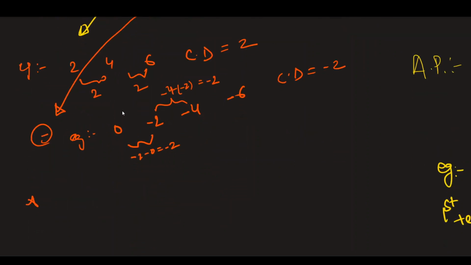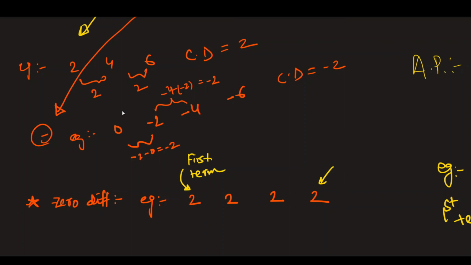Now the next case, the zero difference case, is a nice example. Example is say 2, next term is also 2, then next term is also 2, next term is also 2. This is the first term, this is the second term, this is the third term, and this is the last term. The difference between these two terms is 2 minus 2, which is equal to 0.